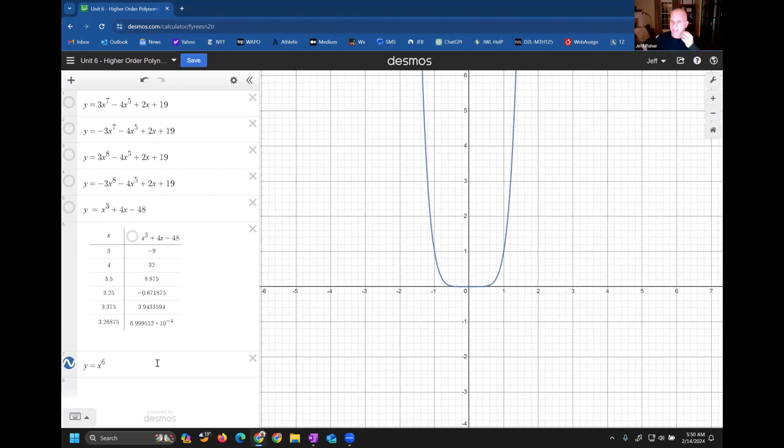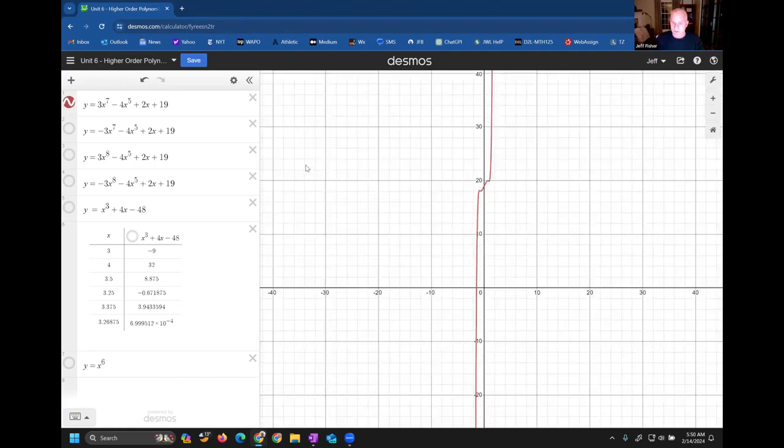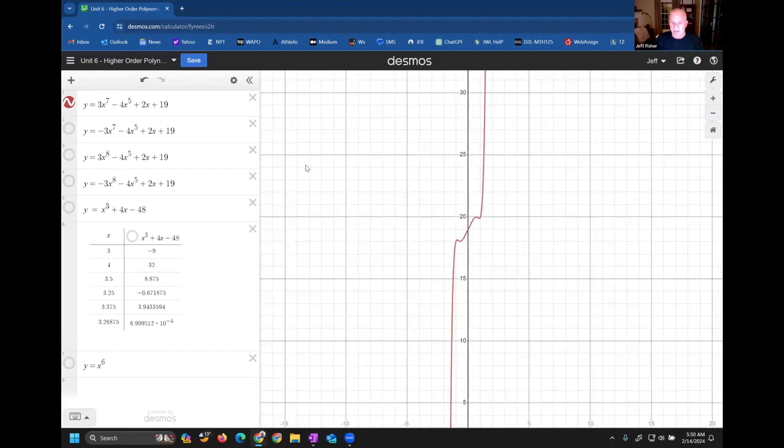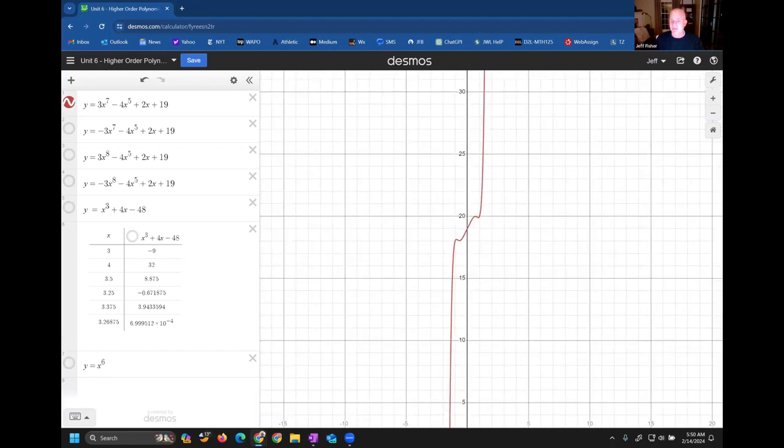So if I go back up here and look at the one that's a 7, well, the one that's a 7 is like the 3 and the 5 in so much as it goes up on both the left and the right.